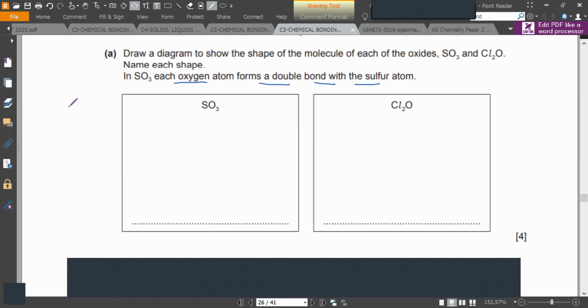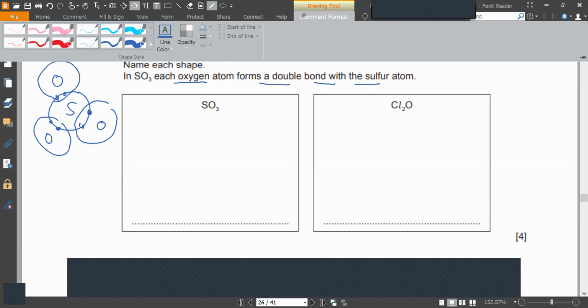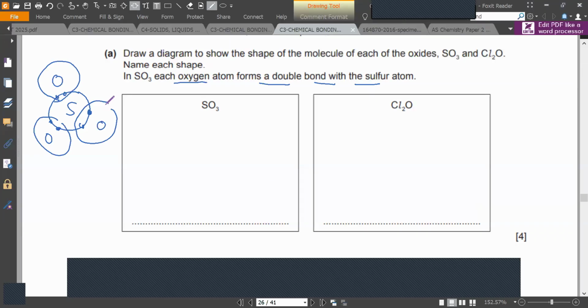So sulfur, we are starting with 6 electrons. If each oxygen forms a double bond, it will be like this. 1, 2, 3, 4, 5, 6.